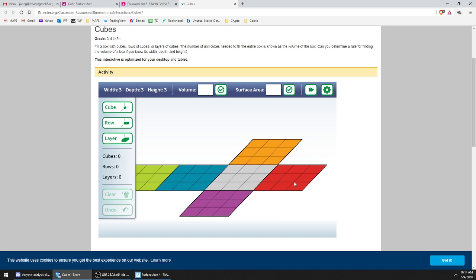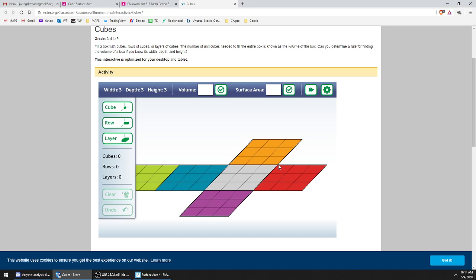Now, how do I find the area of each side? One way we can do that is looking at each individual color side. Let's look at the orange one. How would I find the area of this? Well, we know area of a rectangle or square is length times width. So what's my length here? 1, 2, 3.